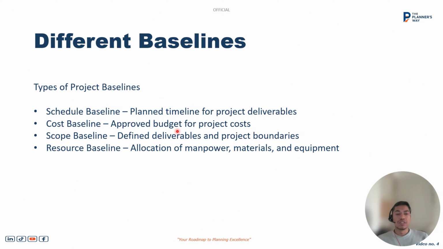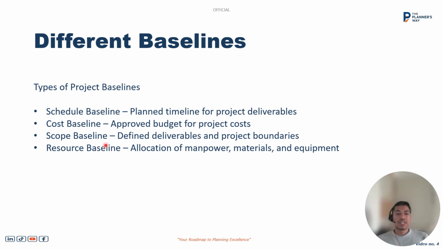The cost baseline can be incorporated in the one schedule, which is called a cost loaded schedule, or the cost is monitored independently outside and only the timeline is within the schedule. It depends on how complex the project is, which defines whether to combine cost and schedule together or maintain the cost baseline and the schedule baseline separately.